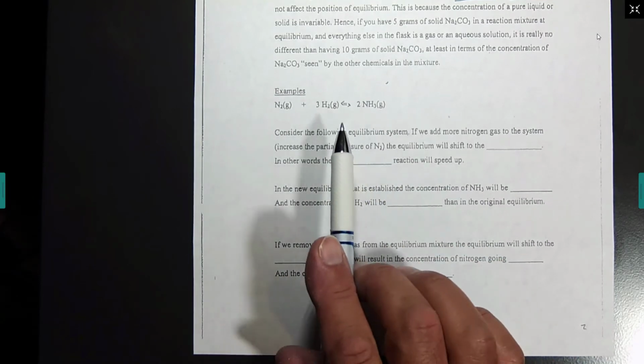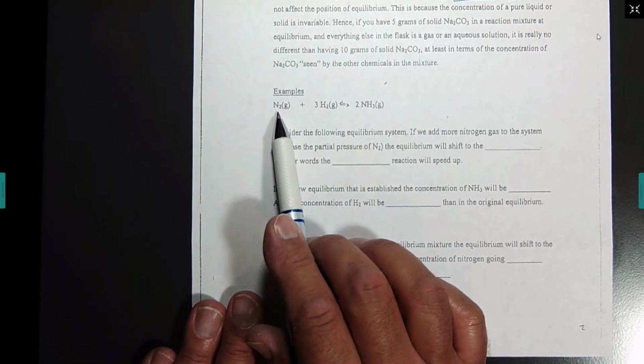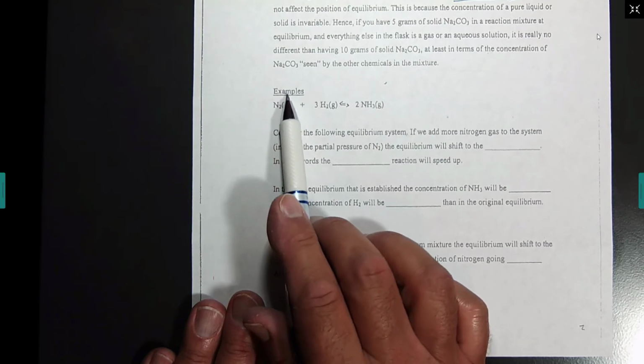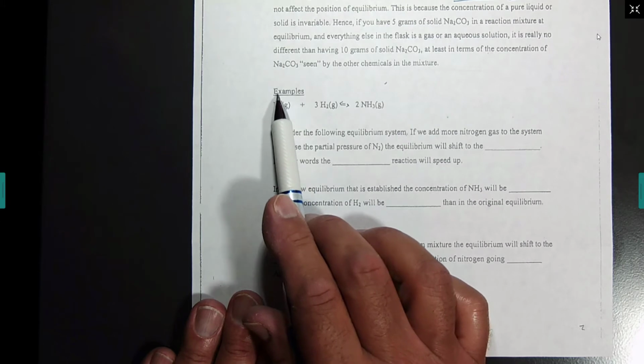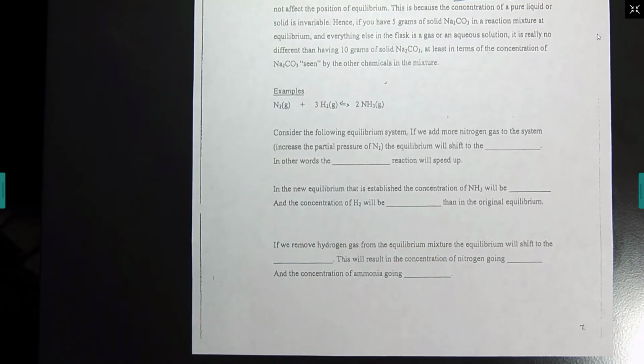This reaction is used to produce ammonia using atmospheric nitrogen. 80% of the air you breathe happens to be atmospheric nitrogen. Turns out plants love nitrogen. Plants grow crazy if you give them enough nitrogen.